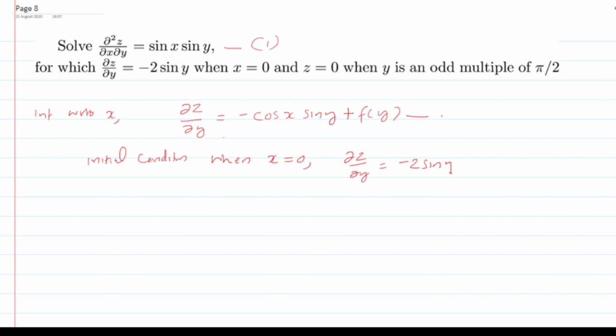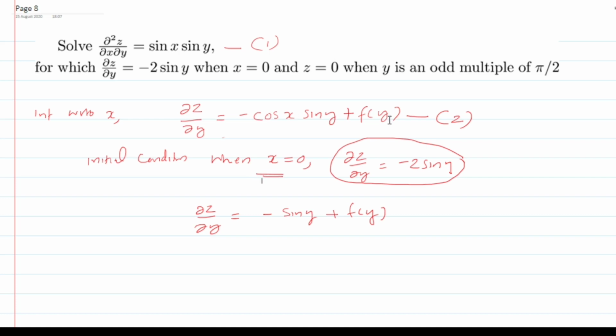First of all, we call this equation number 2. We put x = 0 in equation number 2, then ∂z/∂y becomes cos 0, that is, -sin y + f(y). But we have the condition that ∂z/∂y = -2 sin y when x = 0.